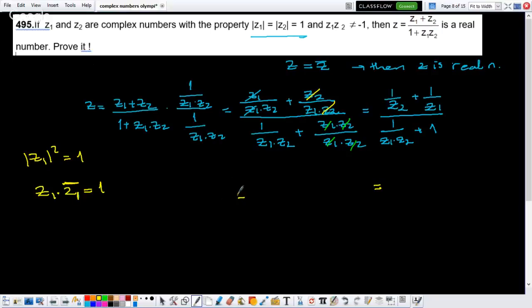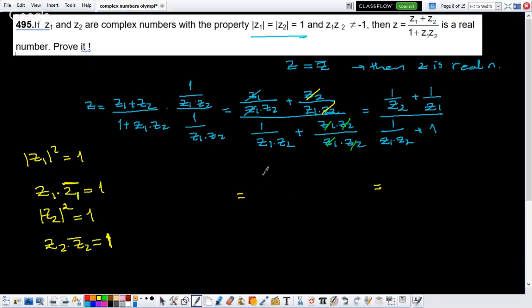Instead of 1, I'm going to write Z1 times Z1 conjugate, or Z2 times Z2 conjugate. It's the same, because Z1 module and Z2 module are equal to 1. So it means that Z2 module square is equal to 1, Z2 times Z2 conjugate is also equal to 1.